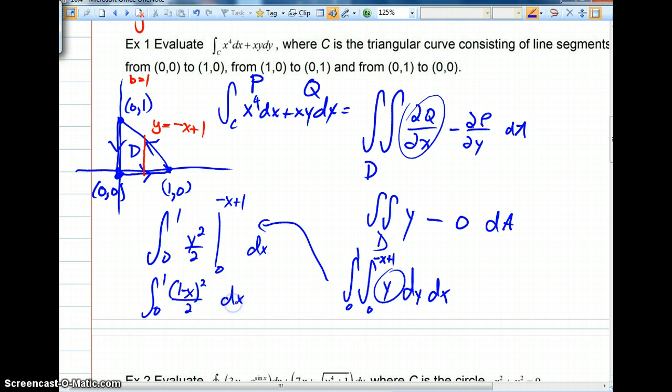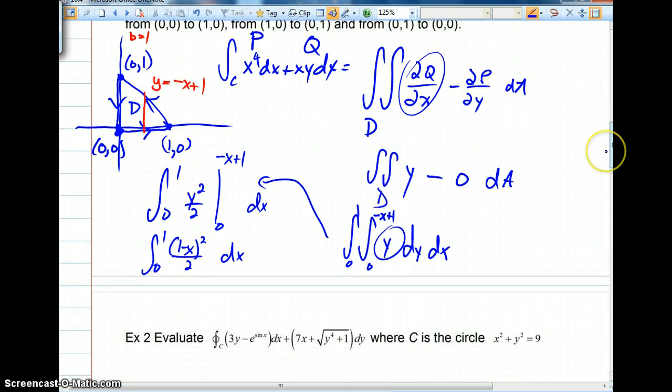And right now, we are virtually done. We just have to finish this up. By the way, you can pull out a 1/2 immediately. If you FOIL this out, you have 1 minus 2x plus x squared dx.